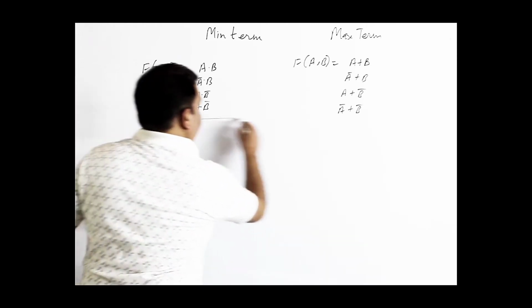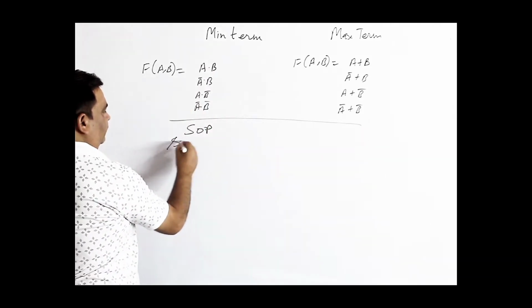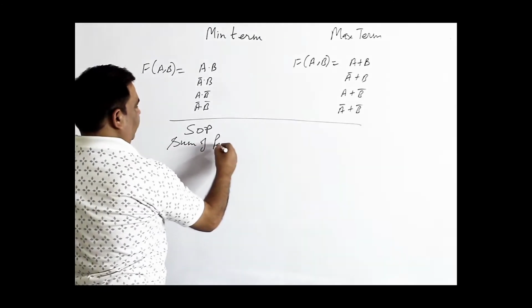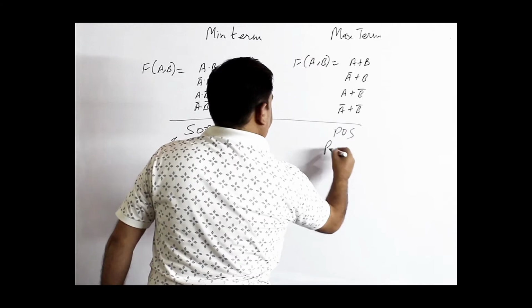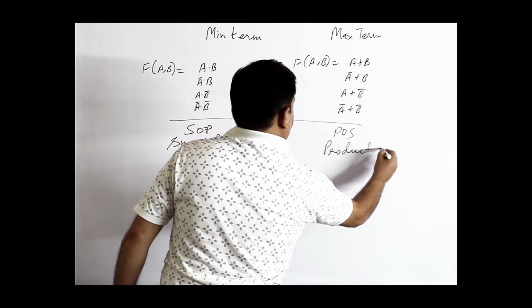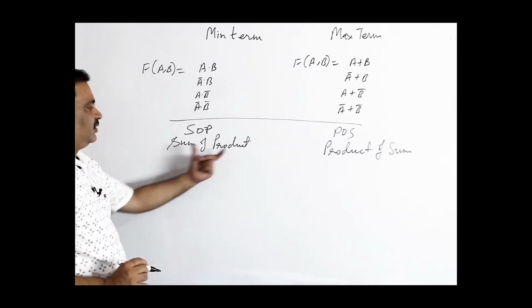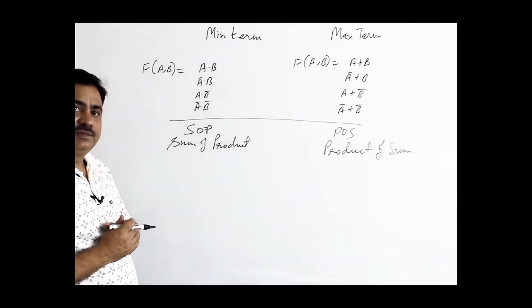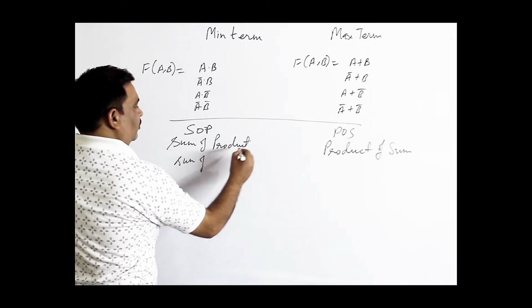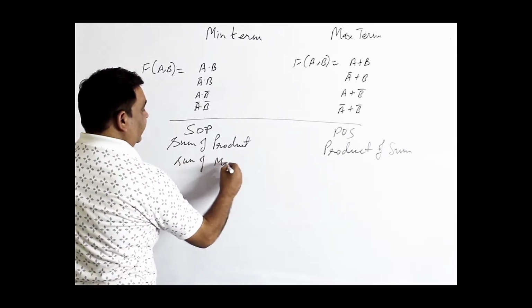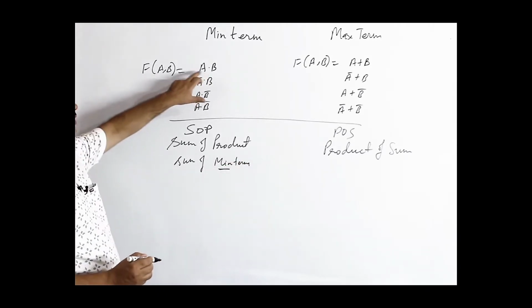Now, SOP, sum of product, POS is product of sum. Sum of product form means sum of product terms, means sum of min terms, because min term is the product of literals.